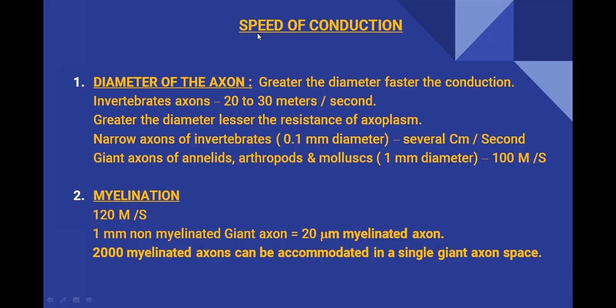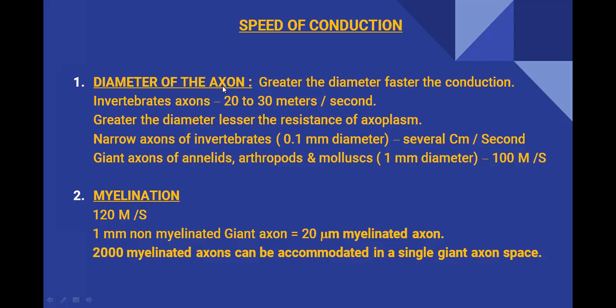The speed of conduction is not the same in all neurons. It is dependent on two factors. The first factor is the diameter of the axon. The second factor is myelination. The diameter of the axon varies in different neurons. All the neurons do not have the same diameter.